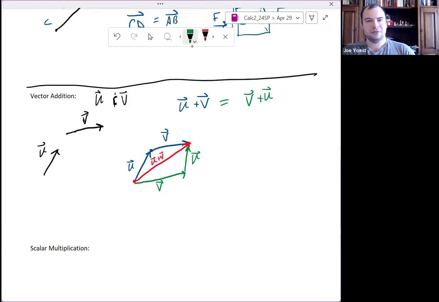And we actually notice that these are equal. If you forgive my not so great artistic skills. This is called the parallelogram law. Vector addition is commutative.